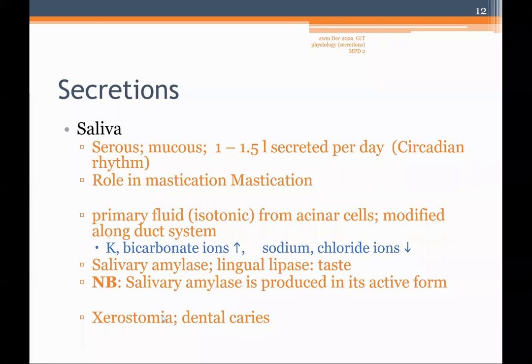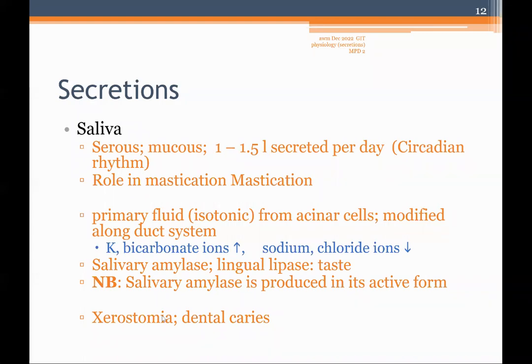Now, people who complain of dry mouth find it difficult to talk, find it difficult to swallow, and they may even feel a burning sensation in the mouth, because you tend to get inflammation; the mucous membrane is supposed to be moist, and when it dries you get inflammation. So xerostomia is not necessarily zero saliva, it's just relatively dry.